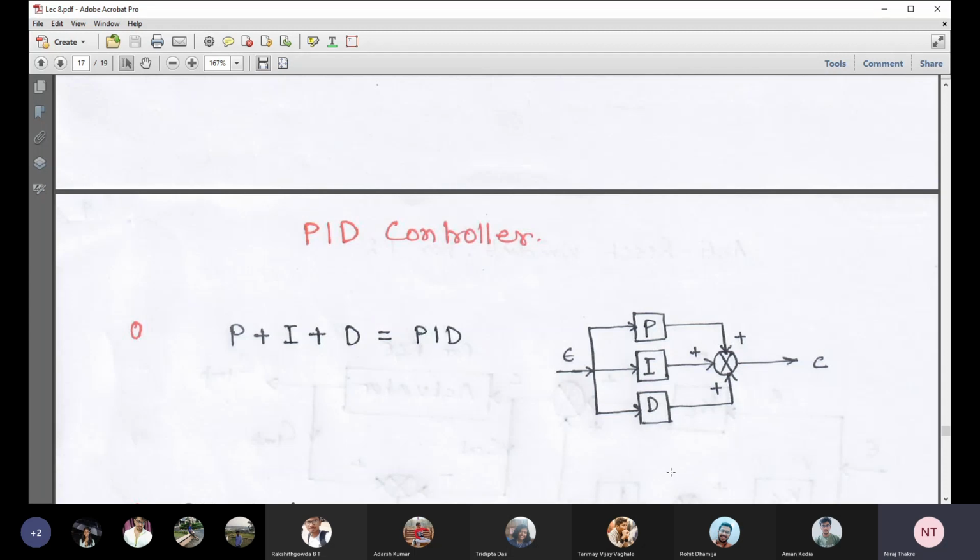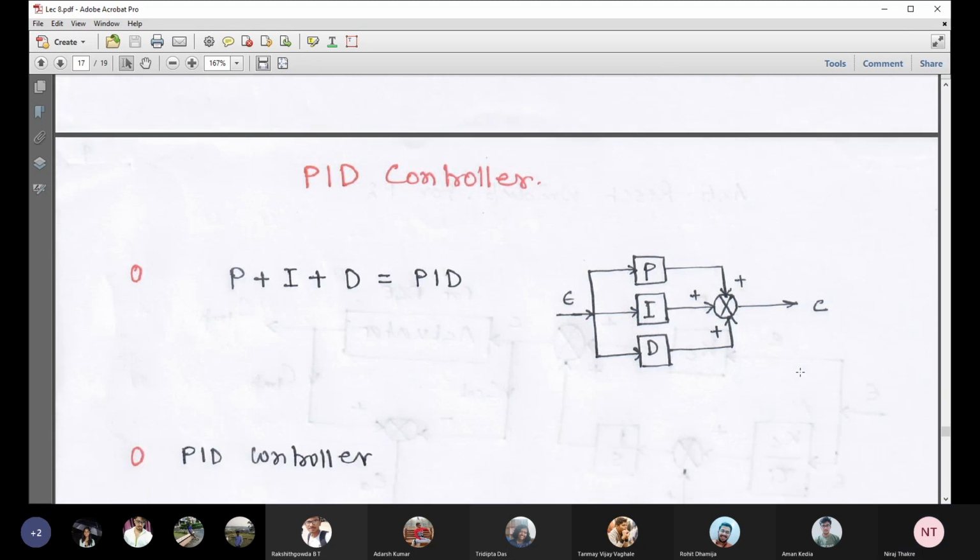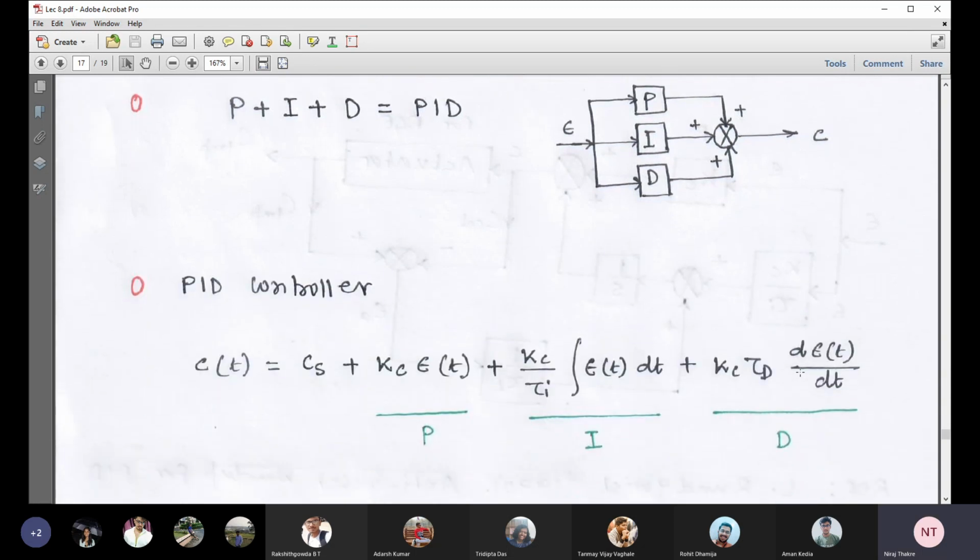I repeat, for all three control actions, error is the input, and from all of them we get output, and those three outputs are added here, and that yields controller output C. This is the controller equation, you see.